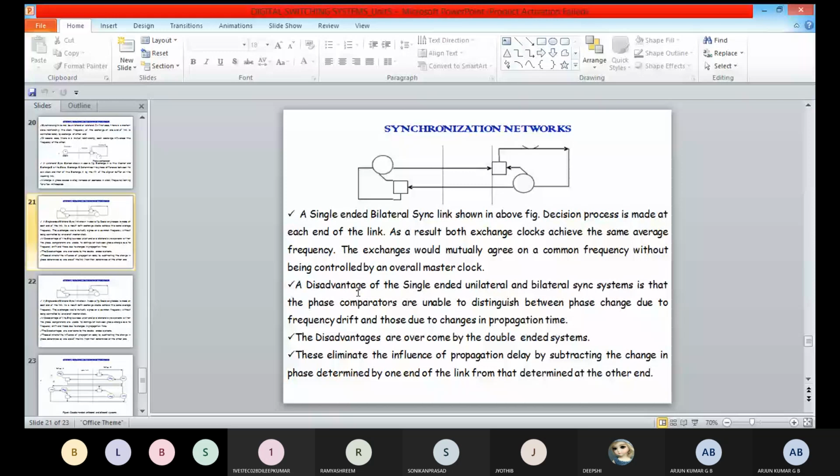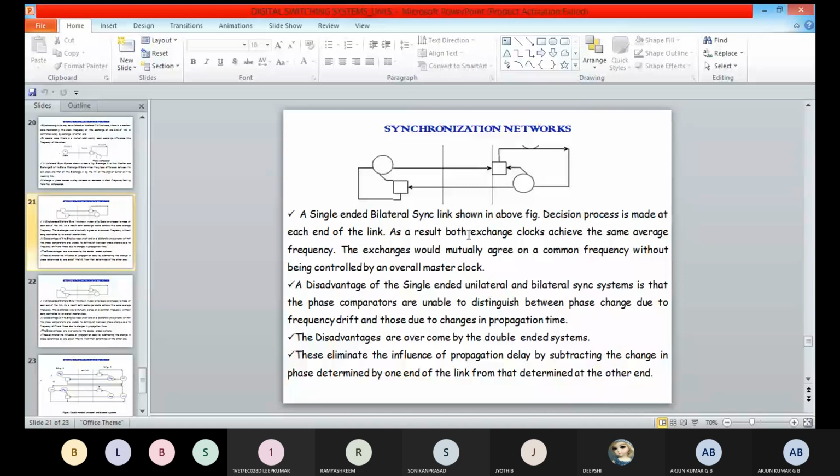Okay, that is a disadvantage. To overcome this, we move on to the double-ended system. This can eliminate the influence of the propagation delay by subtracting the change in phase determined at one end of each link from that determined at the other end.